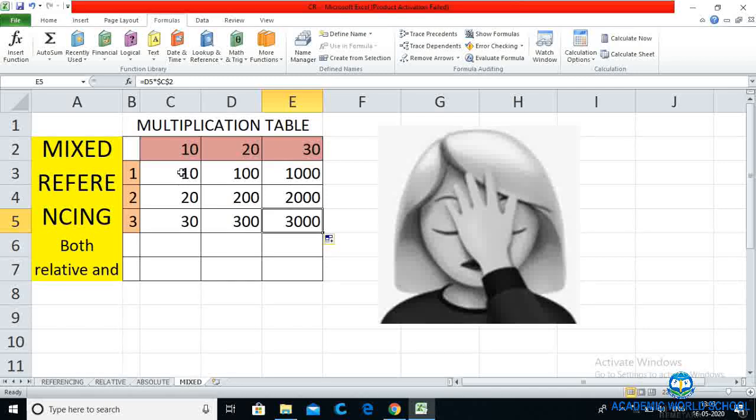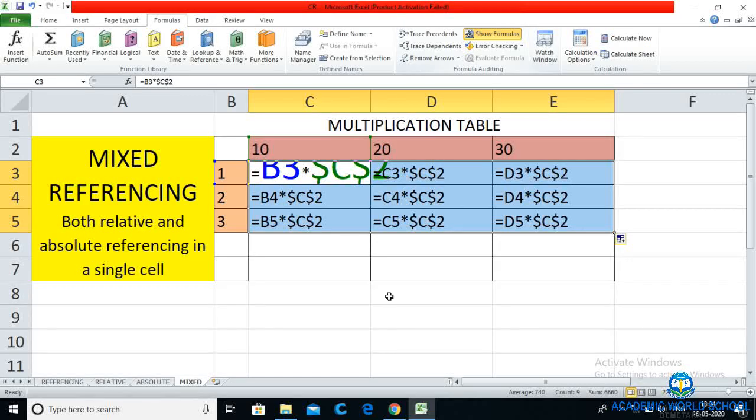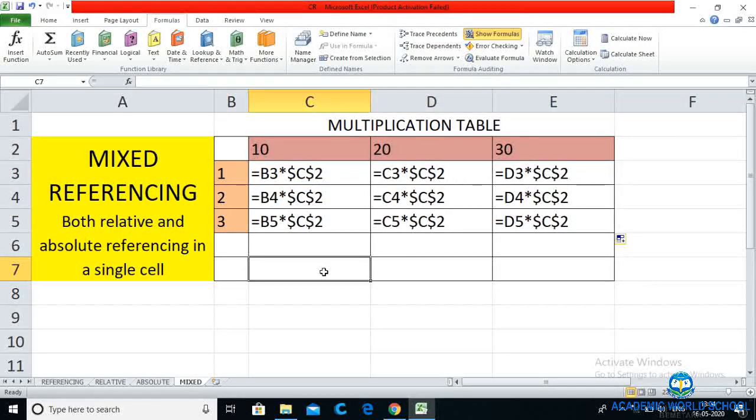But over here, students, we have given a wrong formula. And what is wrong in that formula? Look, again I'm showing you the formulas. What is wrong in this? $C$2, that is this one, 10. If you see, this thing is common here also, and this same thing has been copied here also.